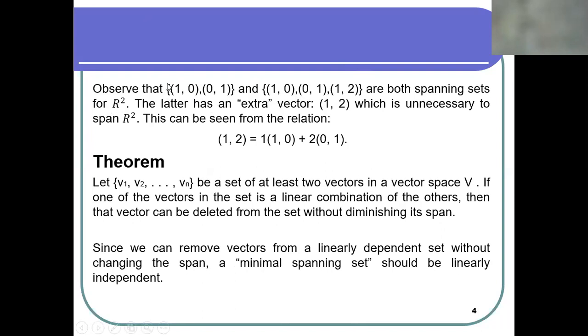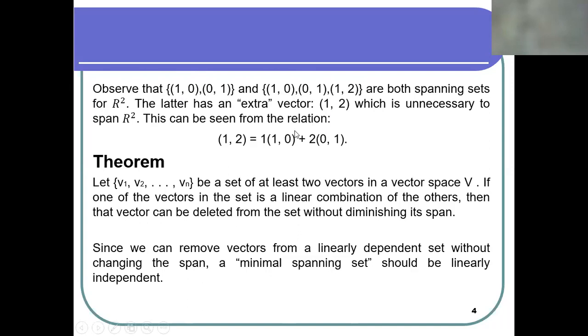As we discussed last time, the span is the collection of all possible linear combinations, so both are basically spanning sets of R square. If you can see here, the first and second are linearly independent, but this one is not linearly independent.